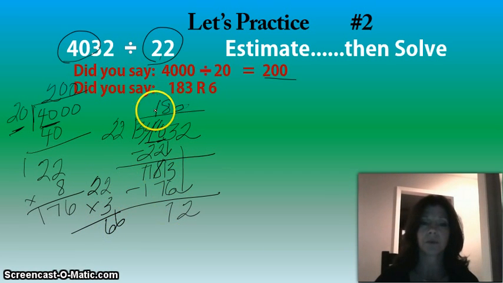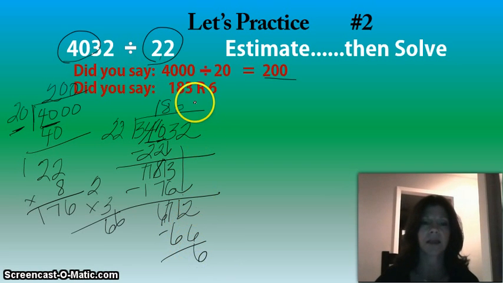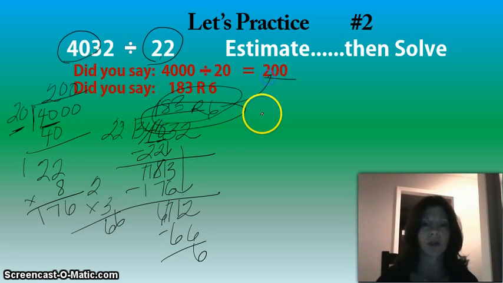I'm going to subtract 66 from 72. I'm going to borrow, that becomes a 6, my 2 becomes a 12. 12 minus 6 is 6, and that becomes my remainder. And that, my friends, 183 remainder 6 matches. Again, close enough to my estimate to know that I was almost right on.